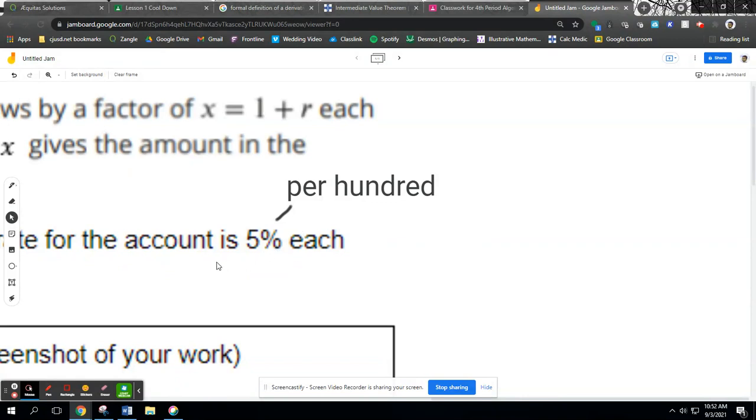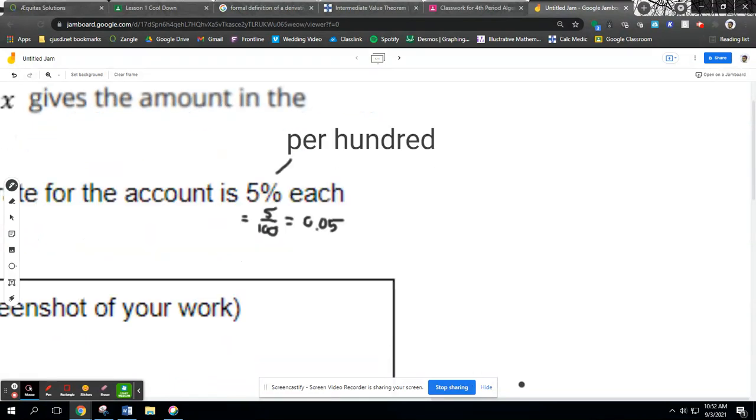So the word cent shows up again. So per cent just means per 100. So if I rewrote this, 5 per 100, that's going to be 5 divided by 100. If I divide 5 by 100, this gives me the decimal 0.05. So as a decimal, 5% is 0.05. And we'll work with that in this problem.